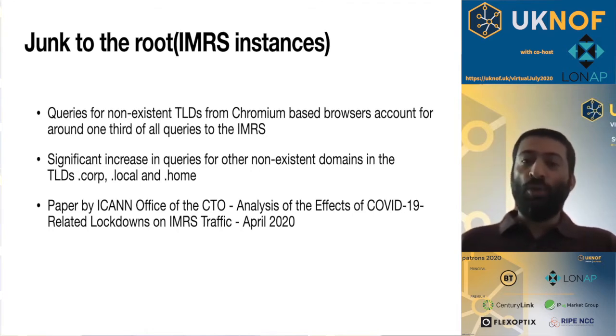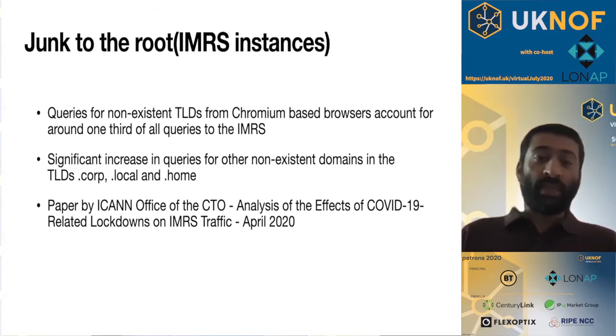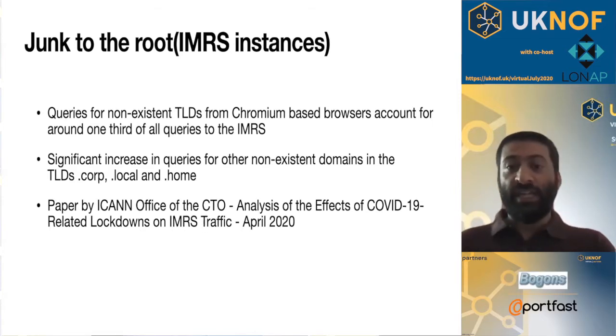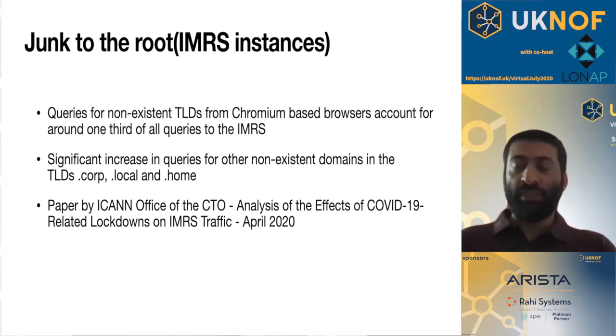Apparently they do this primarily to check if there is a captive portal in the network. Apart from that, there was a significant increase in other non-existent domains as well. So I would highly urge everyone to look at the paper which ICANN-OCTO has published. There is a link to the paper in the references section of my slides, and the slides have already been uploaded on the event page.